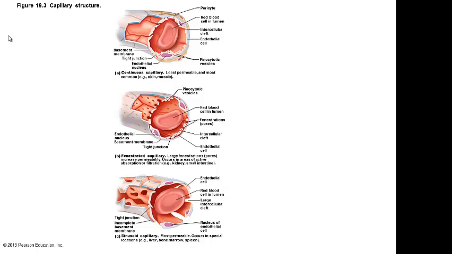Where would I find a continuous capillary? Places where I want exchange to happen, but I want to be very selective of where my exchange happens. Okay? Places like the brain, for example. When blood passes through your central nervous system up to your brain, I didn't want just anything to flow out of the circulatory system into my brain.